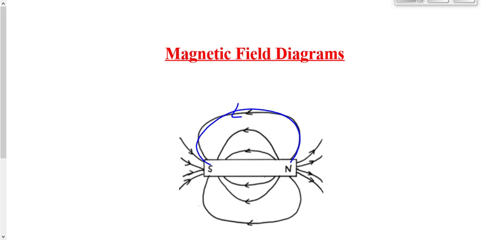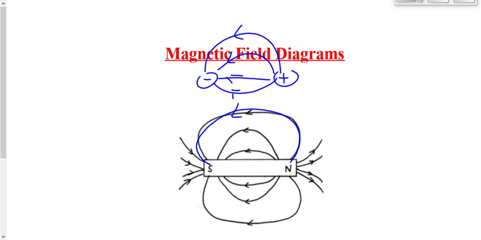This looks an awful lot like the diagram that we drew in the last unit, the electric field surrounding two charges. In fact, the only field line we're really missing in the second diagram is this one.